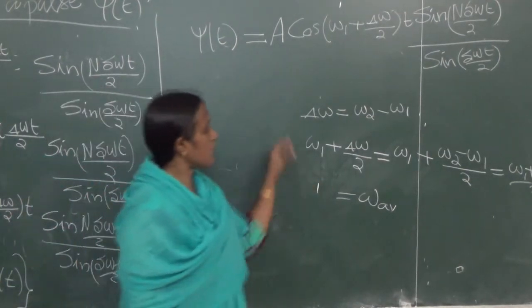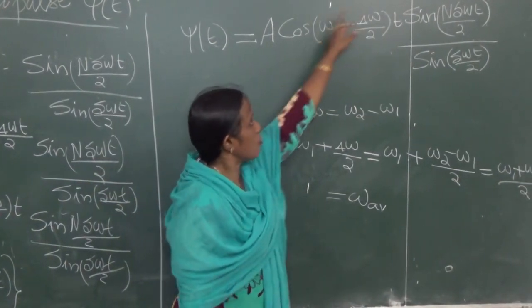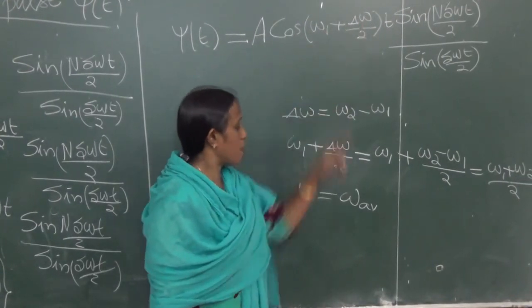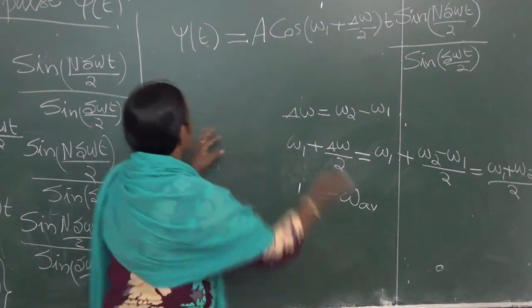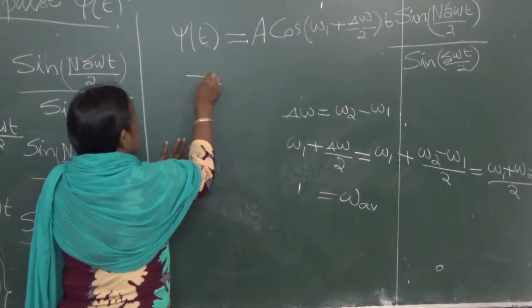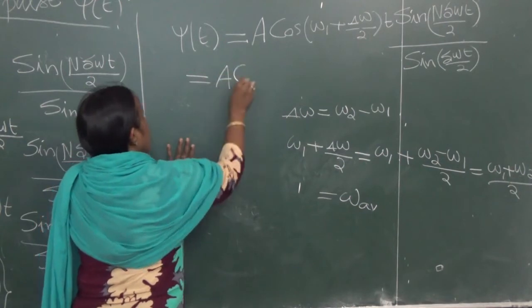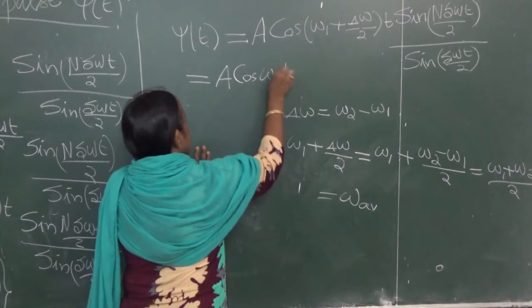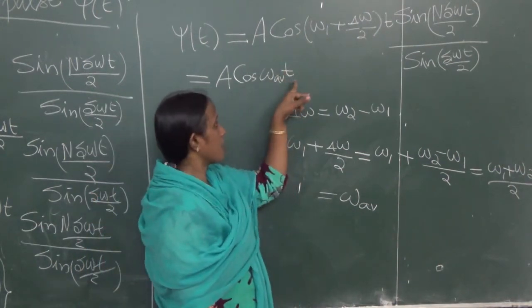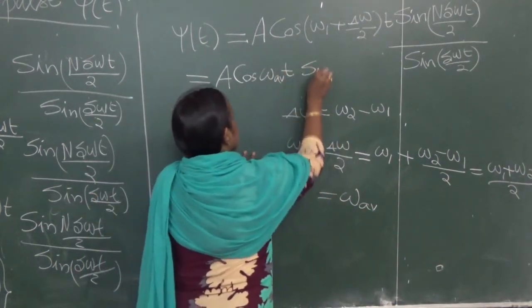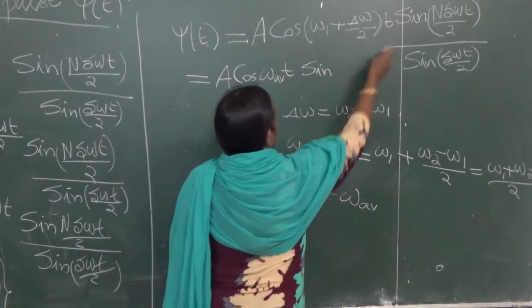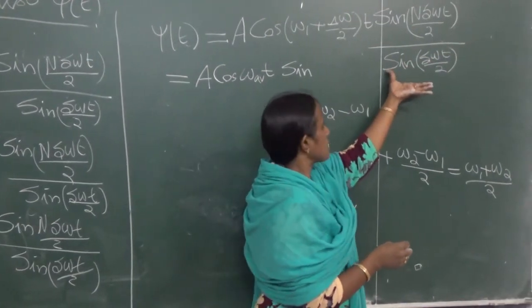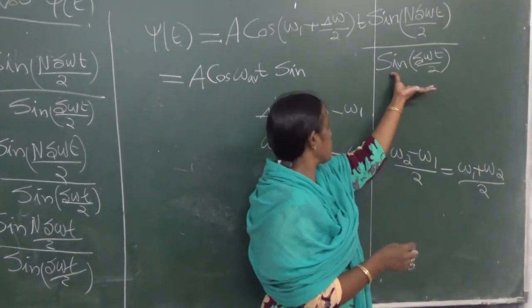So we can substitute in this expression for this omega 1 plus delta omega by 2 the term omega AB. So this expression takes the form a cos omega AB t, sin n delta omega t by 2 into sin delta omega t by 2.